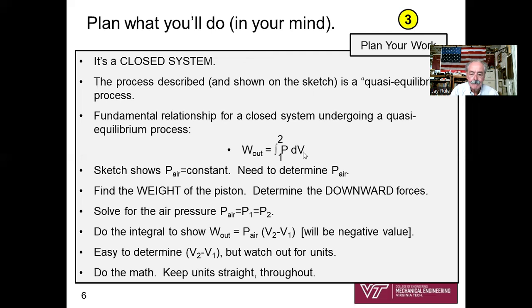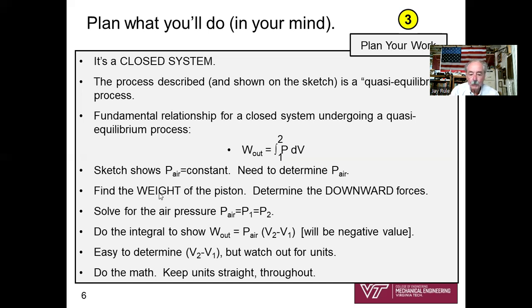Okay, got it. That's my governing equation. My sketch shows that P1 equals P2 equals P of the air. It's constant. So I've got to figure out what P of the air is. I think my sketch has got me on a good track to get P of the air.